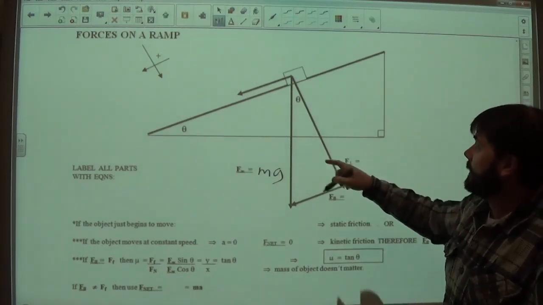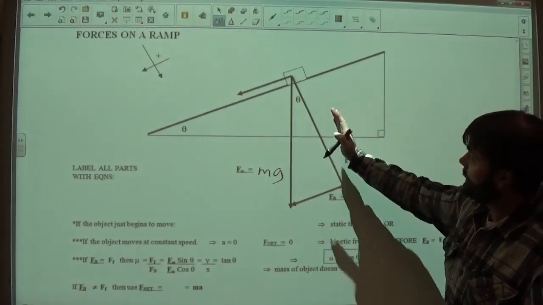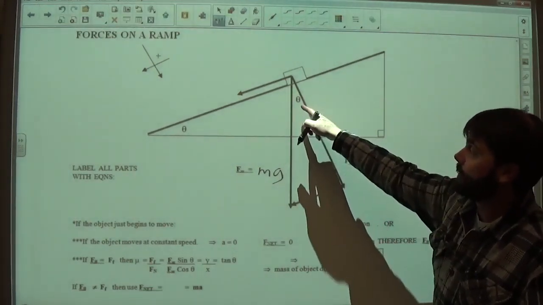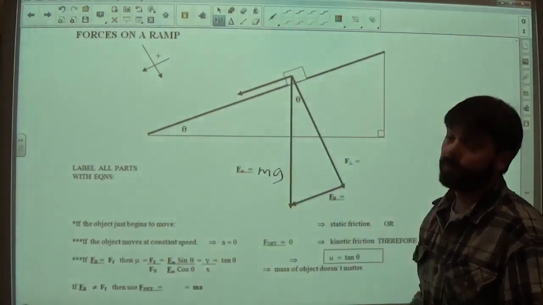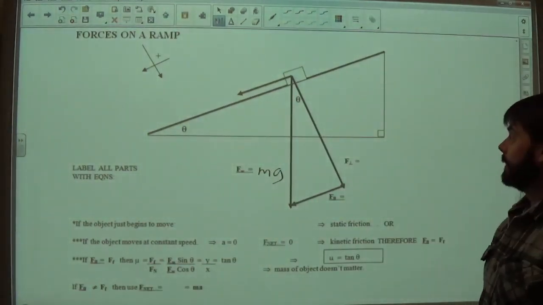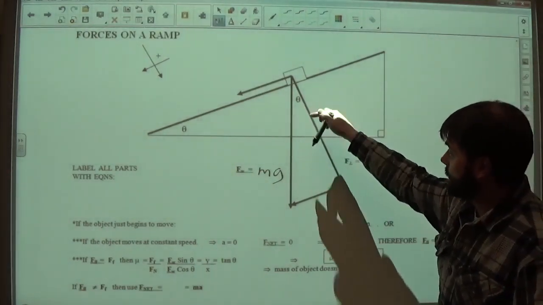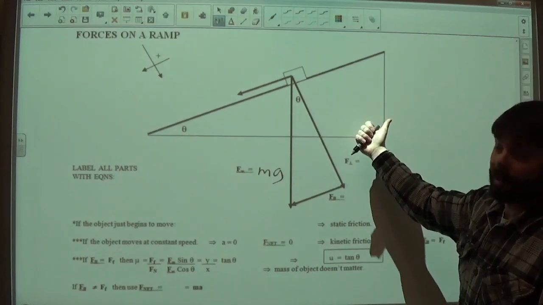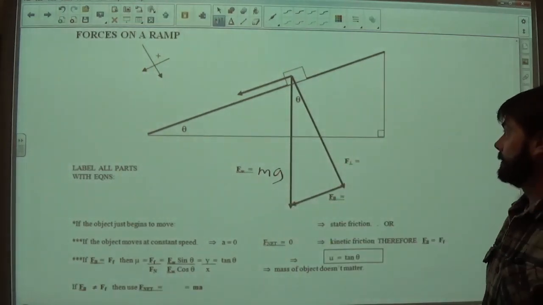Well, let's see. We know the hypotenuse. That'll always be the easiest thing to calculate. For force perpendicular, and here is the theta that we're using, because whatever angle above the horizontal you get is the angle away from the perpendicular that we're going to get here. So if this is my angle up here, this is my adjacent side, and this is my hypotenuse. So that's going to be using the cosine function.